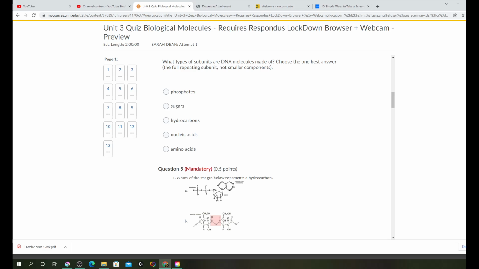Part of that repeating subunit is the sugar phosphate backbone. Remember, sugar phosphate, sugar phosphate, sugar phosphate. Okay, so just with that information alone, phosphate by itself is not the repeating subunit. It's part of it, but it's not the whole thing. The 5-carbon sugar, part of the repeating subunit, but not the whole thing.